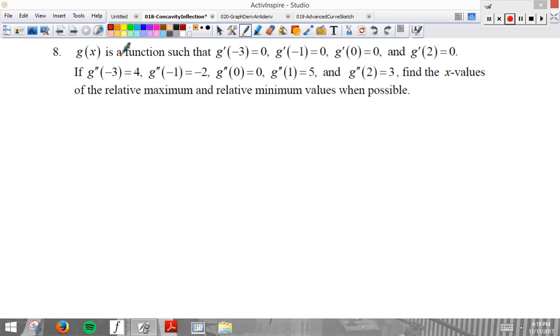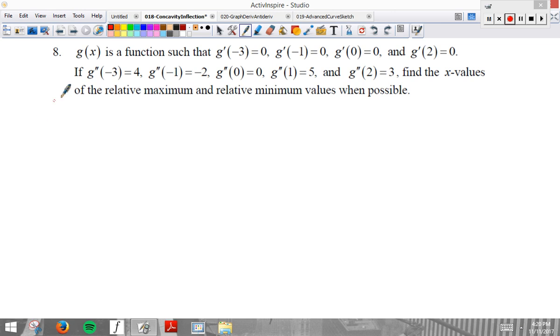We can assume that we don't know. Pretend that you're taking this question on a test and you get lost and you have no idea what to do. Either way, whether we're finding the relative maxes and mins with the first derivative test or the second derivative test, we will have to find the critical numbers of g. So finding the critical numbers here would be the values of x that make g prime 0 or undefined.